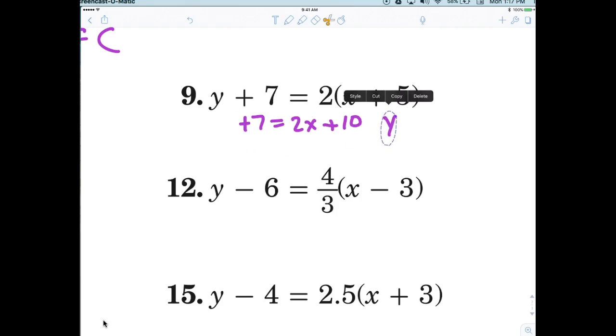And when I move it over, it becomes what? And then I should move the 10, and the 10 becomes negative. So now, 2x minus y equals what? Is everybody good so far?